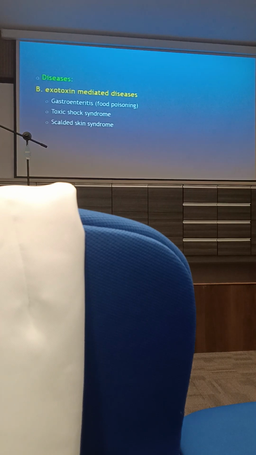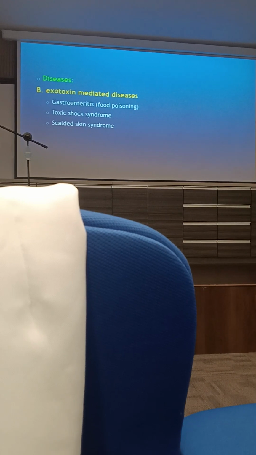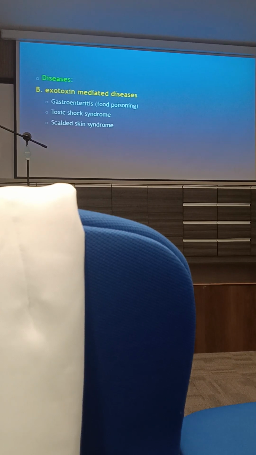So that was the inflammatory ones, and toxin mediated there are three. Gastroenteritis, or food poisoning: in food preparation, if the food is contaminated with Staphylococcus that produces exotoxin, it can cause food poisoning.